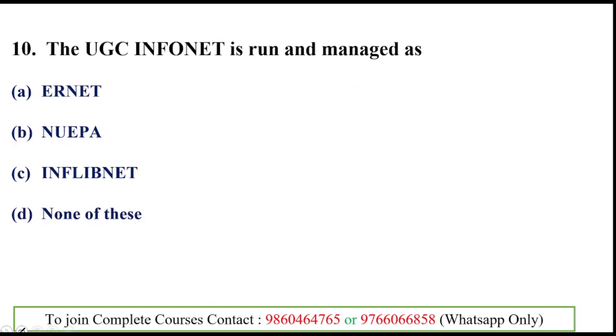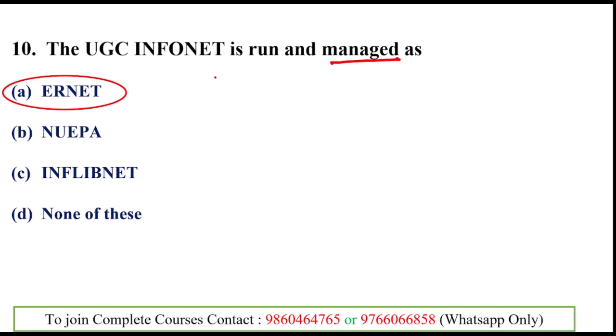And next one, the UGC InfoNet is run and managed as. So the UGC InfoNet is an information network and it is run and managed as INFLIBNET. Okay, so the InfoNet is run and managed as INFLIBNET, and it is a digital library consortium, a major initiative of UGC to bring qualitative change in academic libraries in India.